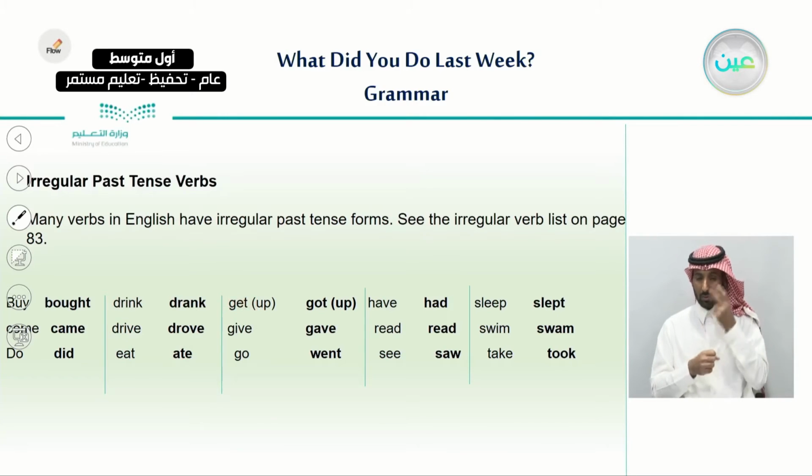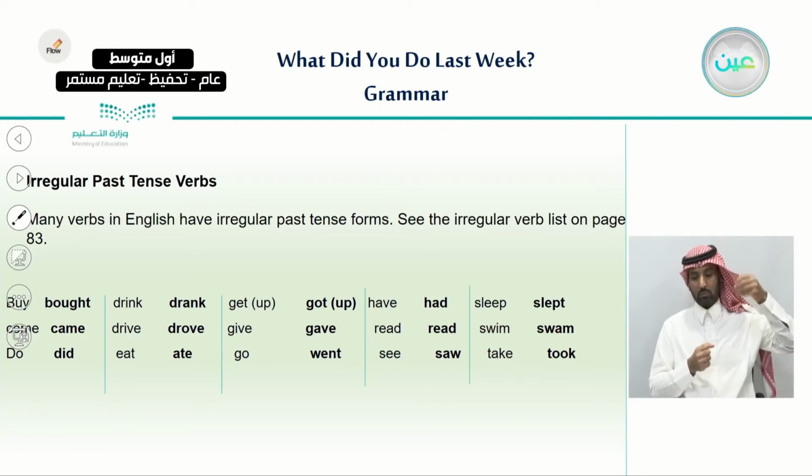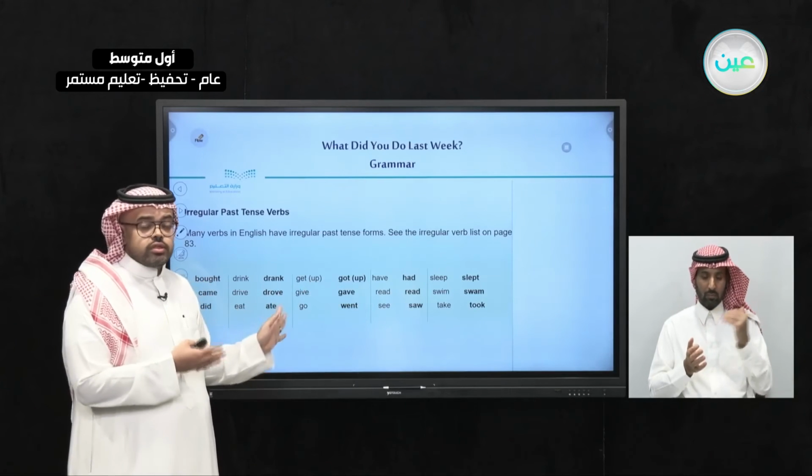Get up, got up. Give, gave. Go, went. Have, had. Read, read. See, saw. Sleep, slept. Swim, swam. Take, took. As you can see, the list continues, so it's not only these verbs.